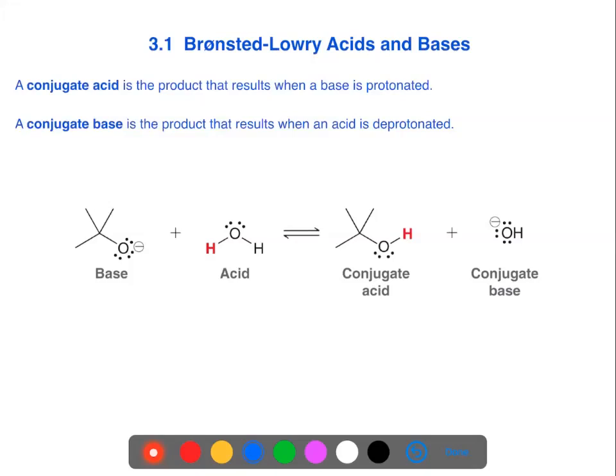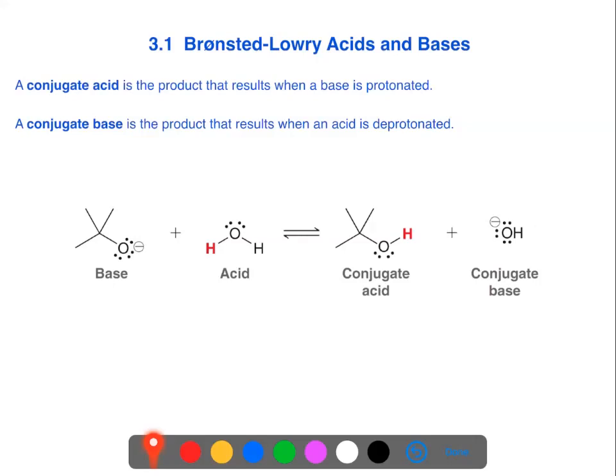So the terms that we typically refer to in acid-base reactions is we say that this molecule here is the conjugate acid of the base, and that the conjugate base is from the acid. And so this hydroxide ion would be considered the conjugate base of the acid. It is the product upon which the acid has lost its proton, whereas the conjugate acid is the product of the base accepting that proton.